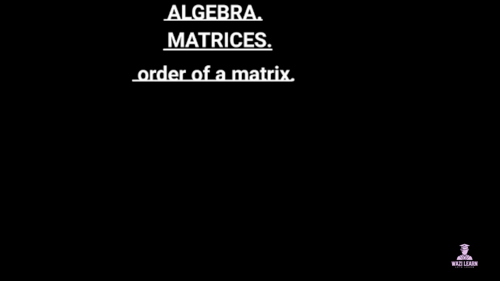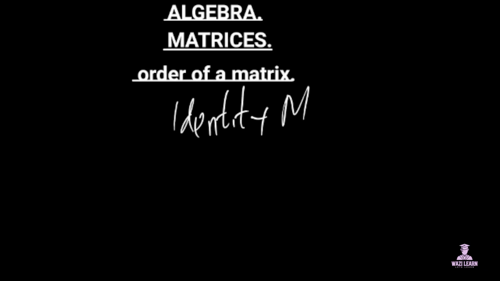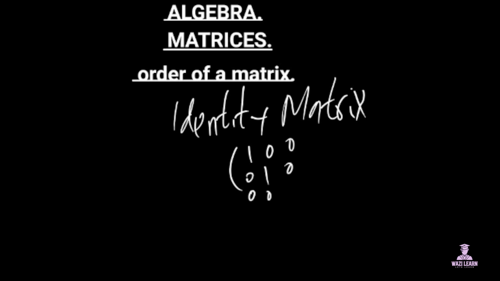Another type is the identity matrix, where we have 1 in the main diagonal. For example, 1, 0, 0, 0, 1, 0, 0, 0, 1. In the main diagonal we only have the value 1, and the other elements are 0.